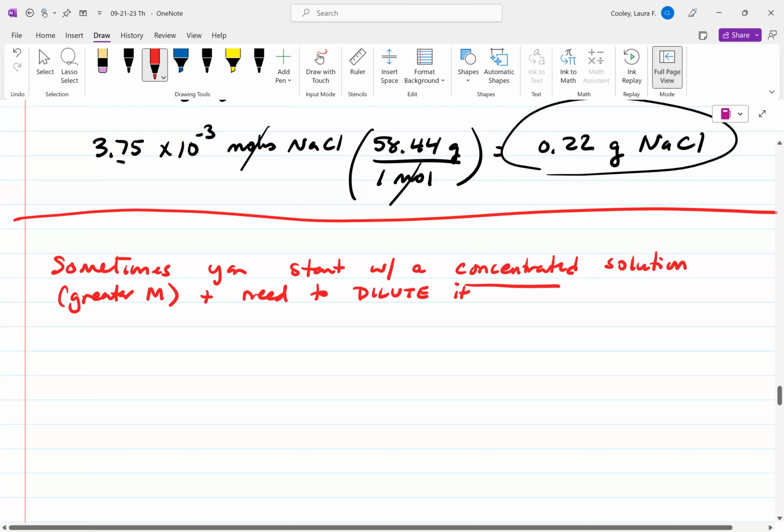I mean, you don't always want to go to the shelf and start from solid. In fact, if you're making a really dilute solution, it might be a very, very tiny amount of solid, and it's hard to weigh precisely. So the better thing is to start with a more concentrated solution and dilute it to the concentration that you want.